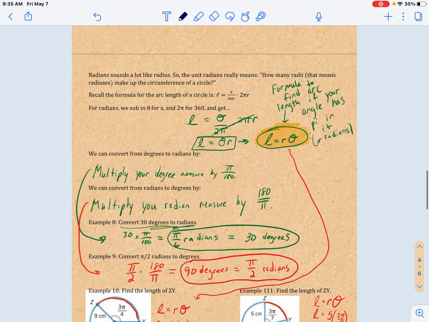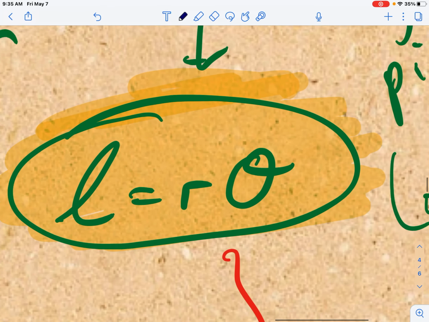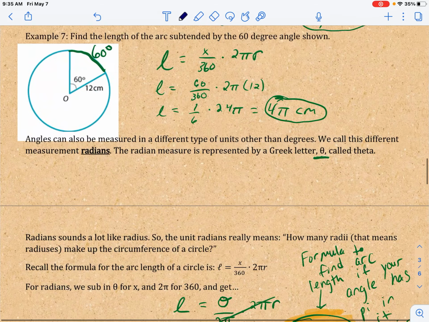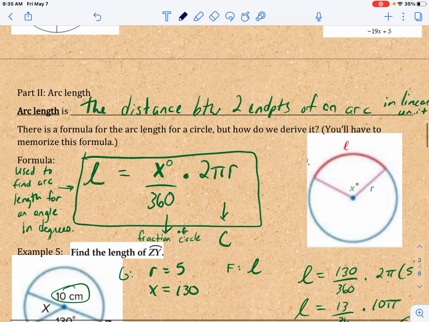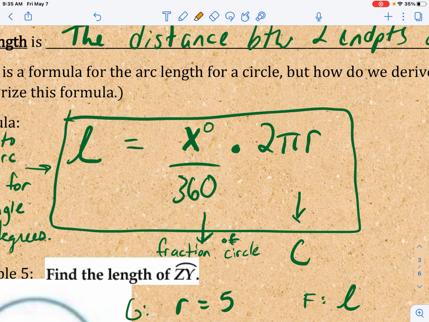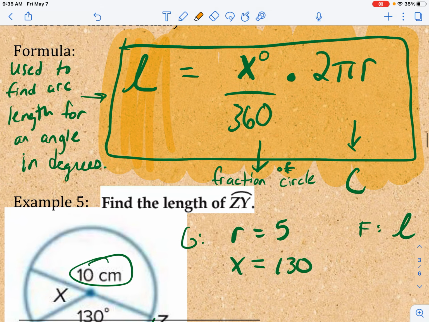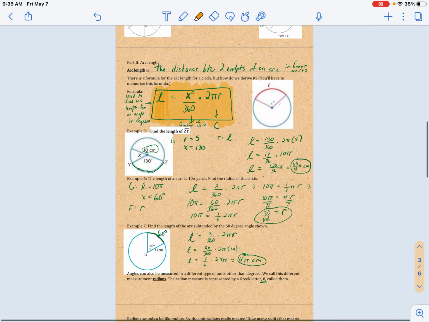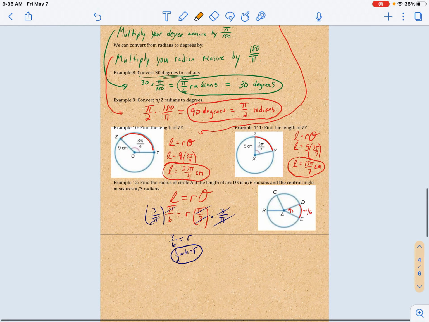If you want to find the arc length for an angle in radians, use this formula. If you want to find the arc length of an angle in degrees, you're going to use this formula right here. Okay? And again, the arc length is just how far it is from one point on the arc to another point. All right?